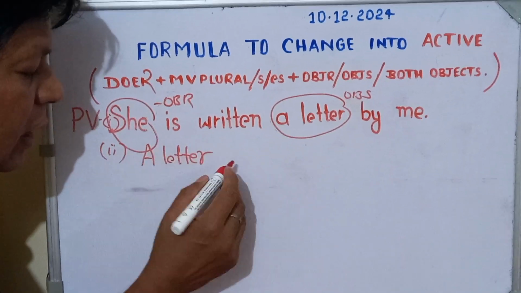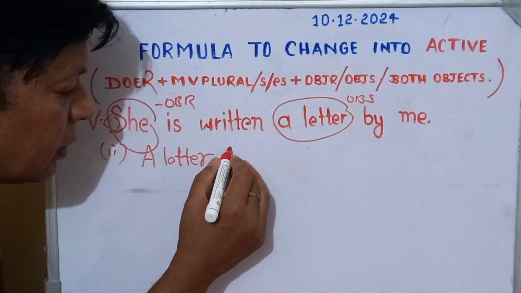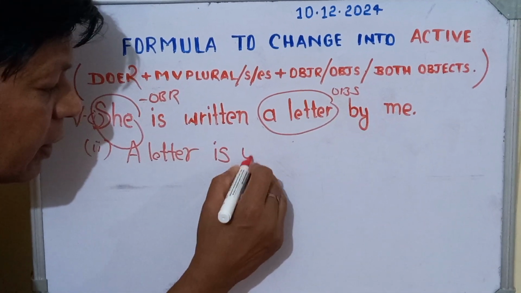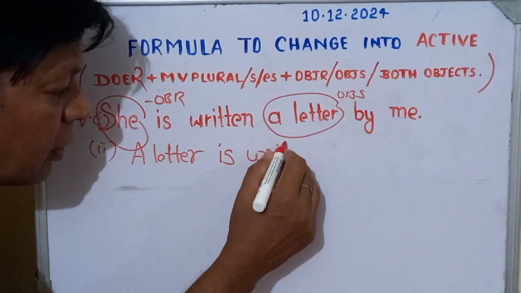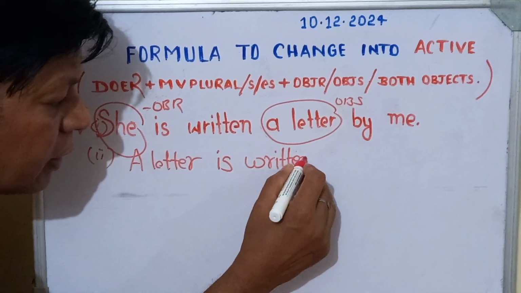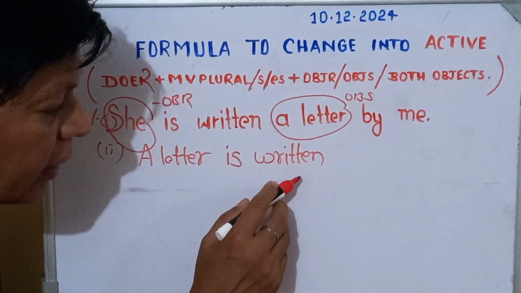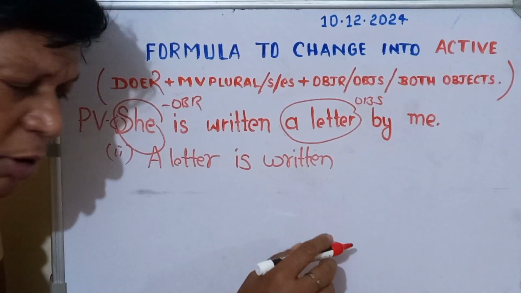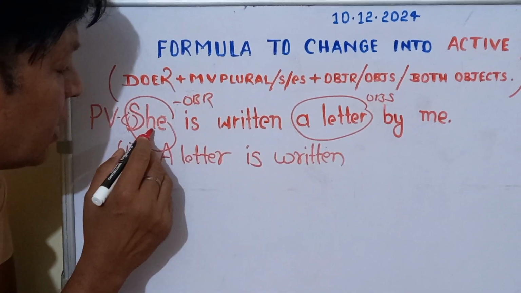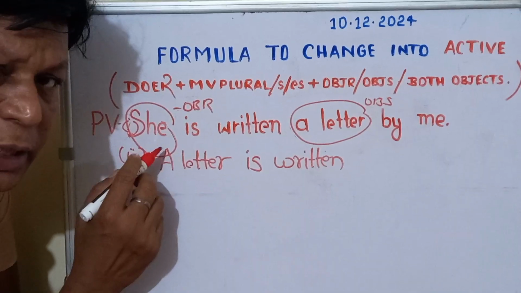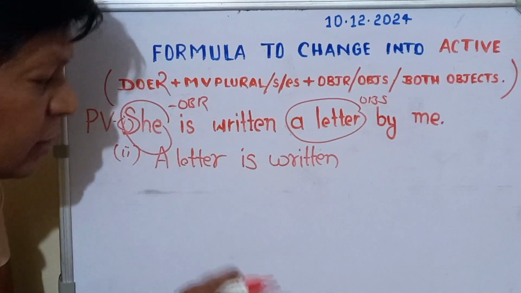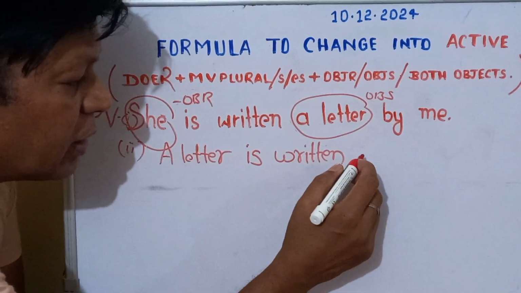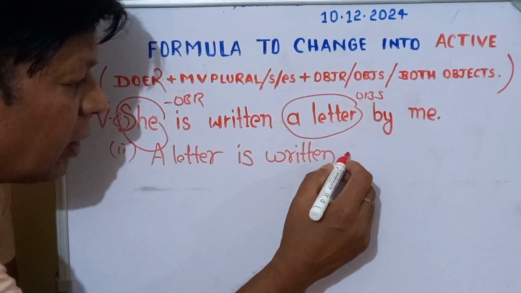After that we use helping verb is, and then main verb third form written, and after main verb we use the second object, and here the second object is she, and because she is in subjective case, we change subjective into objective. So objective of she will be her.